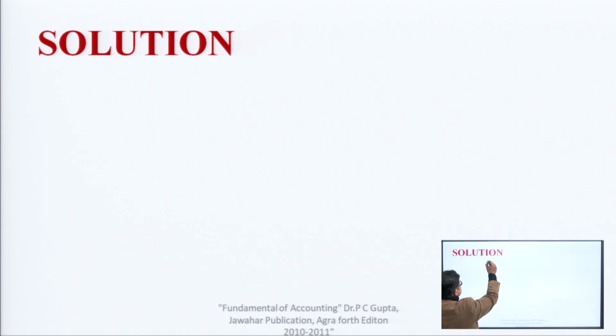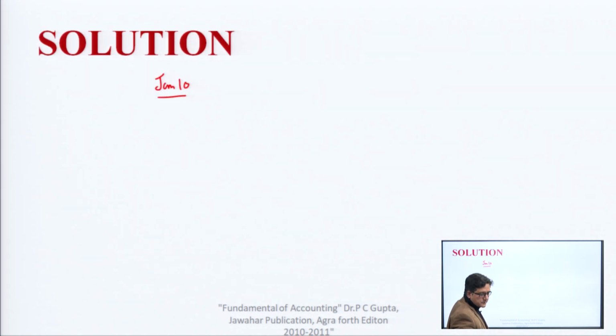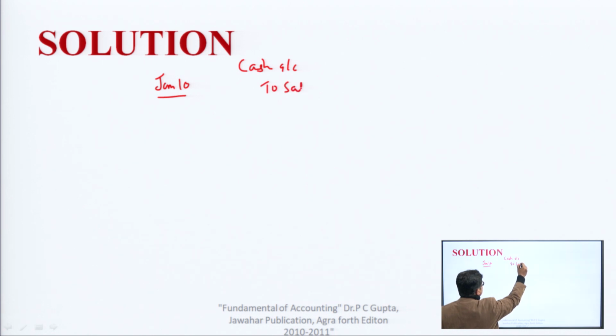January 10. So, we pass the journal entry. Jan 10, what is the figure? Cash sale of 5000, received from Shyam 4000. Cash sale, that means cash account is debit, cash is coming in, to sales account. Because it is on the same day, we can also pass the combined entry of the two.